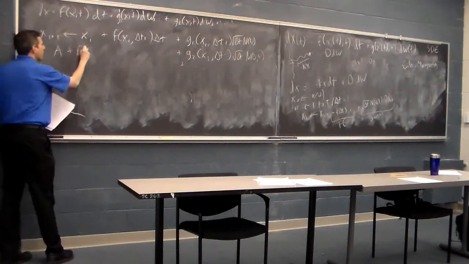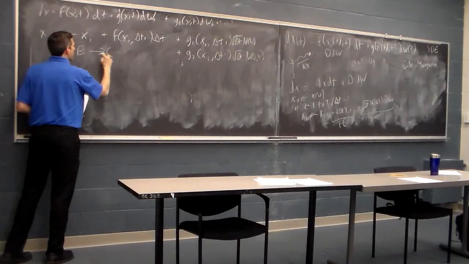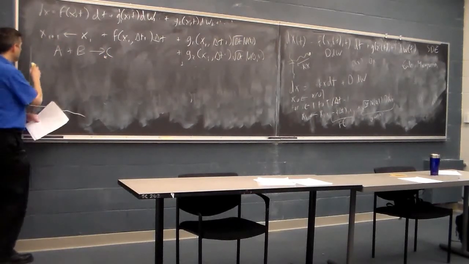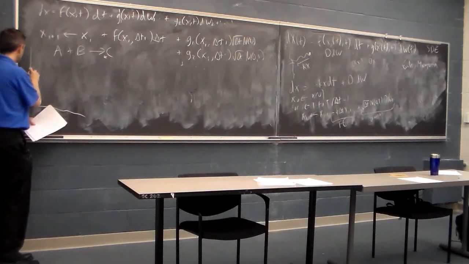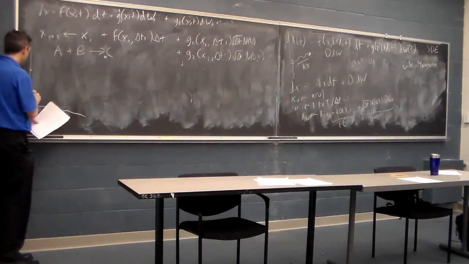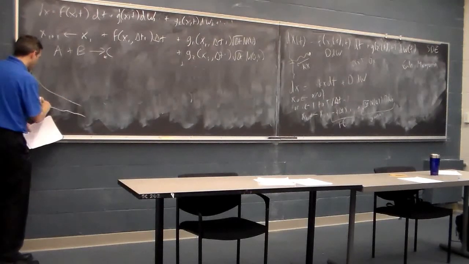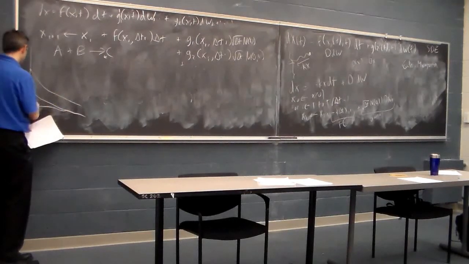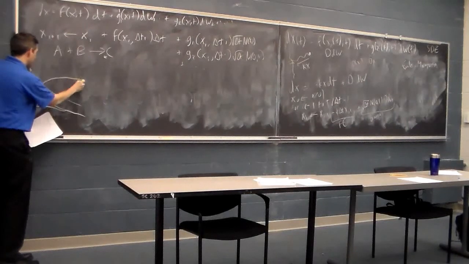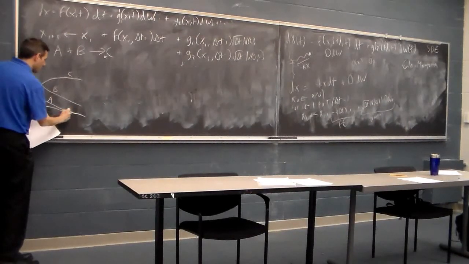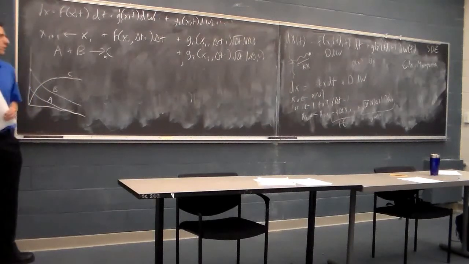Maybe we've got a reaction, A plus B goes to C with some rate constant K. So in the deterministic case, what we would have is you start with some starting amount of A and starting amount of B, then those are going to kind of fade away over time, and we're going to have some C that builds up over time. So we know more or less what that's going to look like.